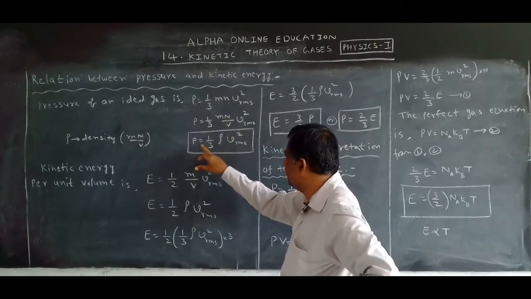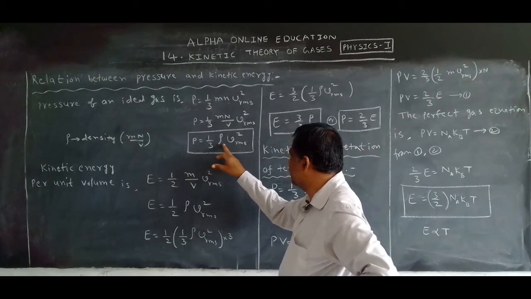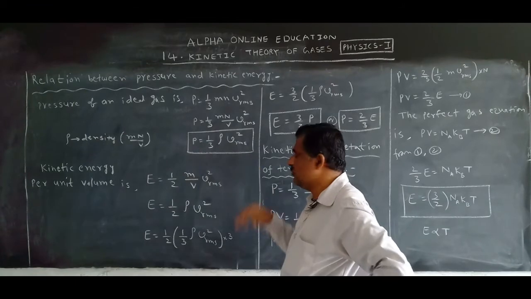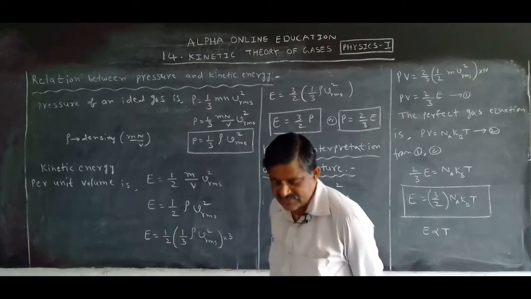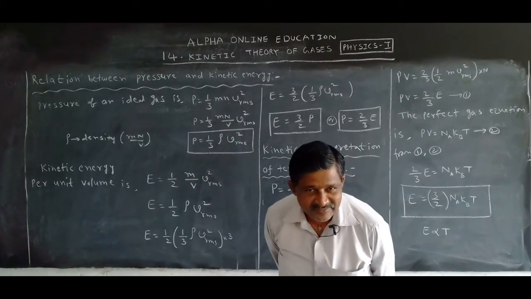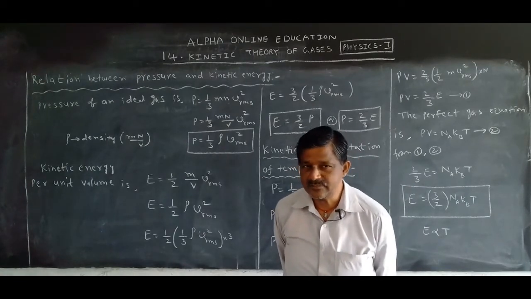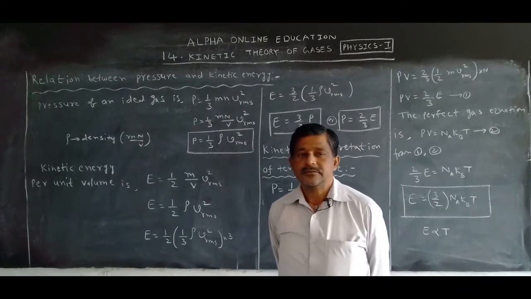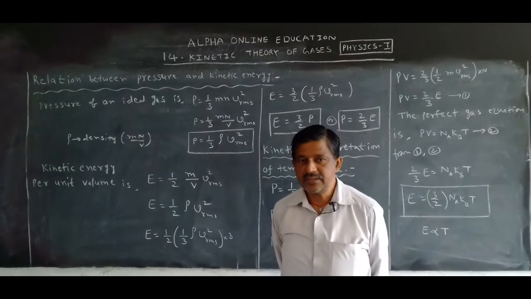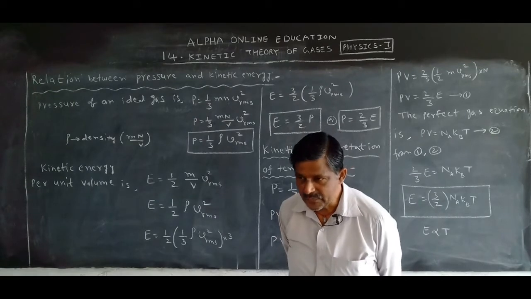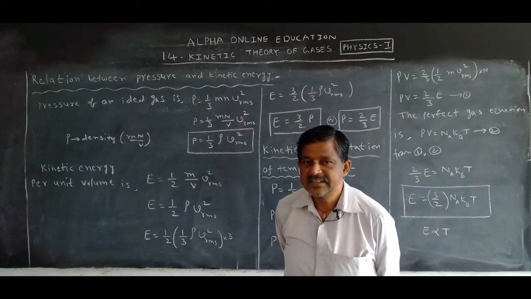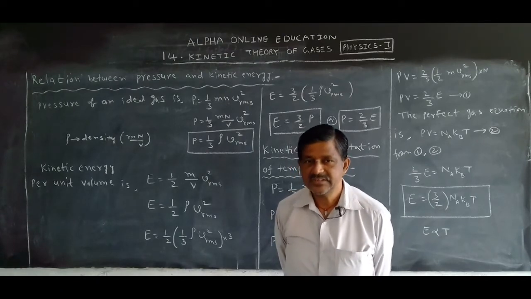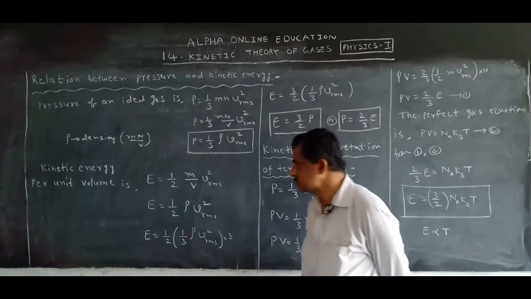So what we get is P is equal to 1 by 3 rho V RMS square. Another equation we get here, in terms of pressure and density: P is equal to 1 by 3 rho V RMS square. What is rho? Rho is the density of all gas molecules in the enclosure.